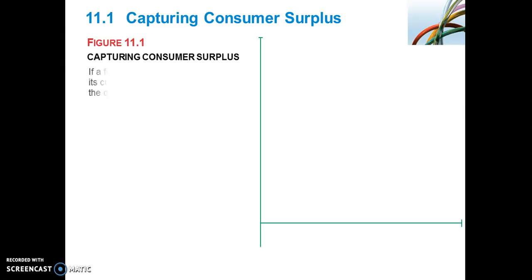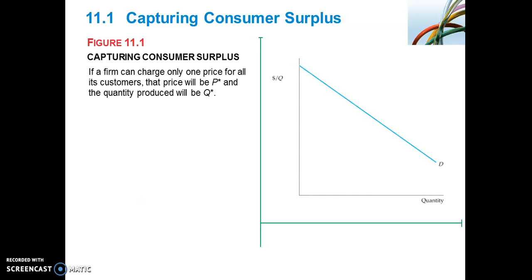So before we examine the pricing strategies, we first need to understand what capturing consumer surplus is all about. And figure 11.1 is going to help us understand this principle.